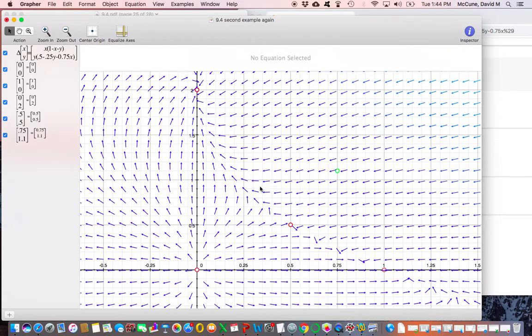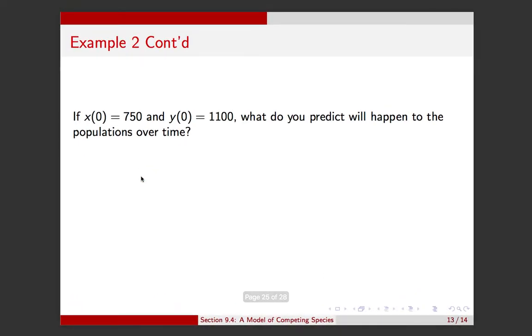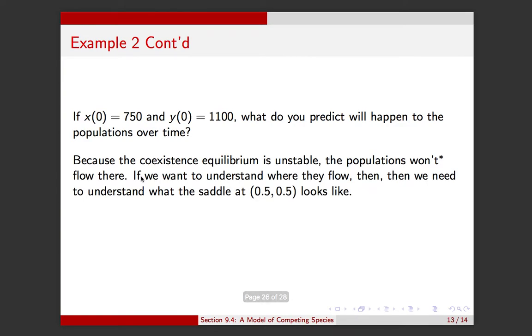So you kind of tick downward and to the left if you follow those arrows. But again, whatever the species Y is, this large-beaked finches, they're able to outcompete and then eventually go to this equilibrium here where species X is gone. So that's what you would predict for these two populations, given that equilibrium analysis.